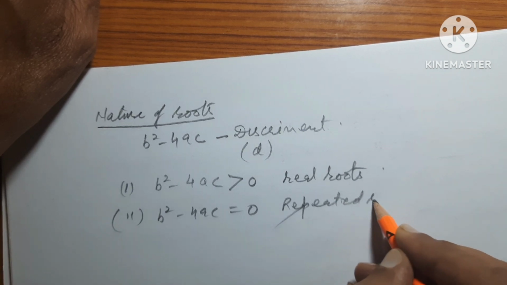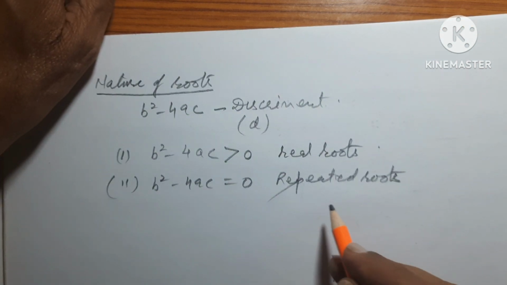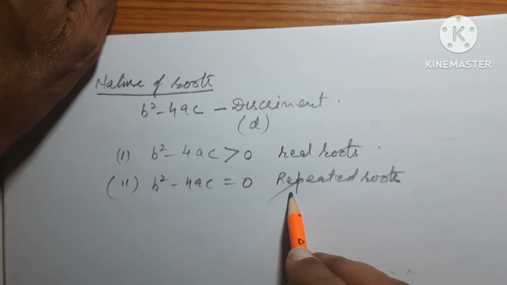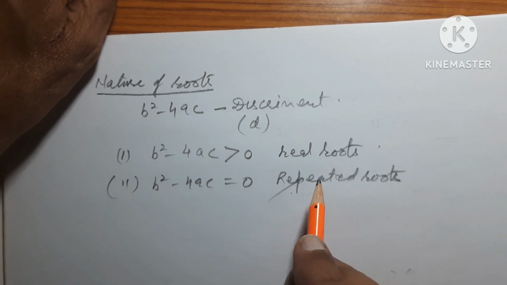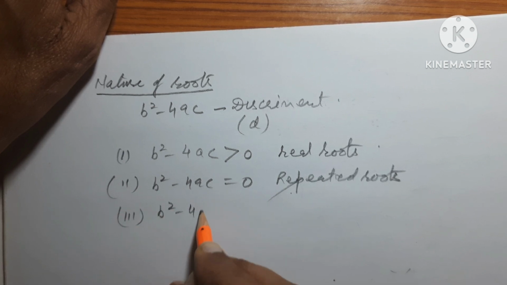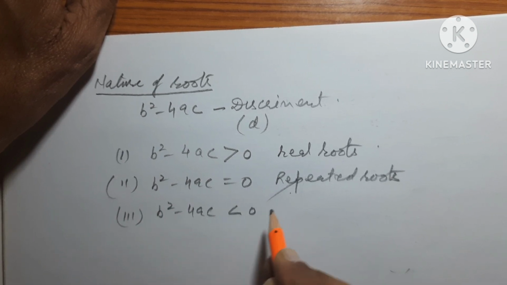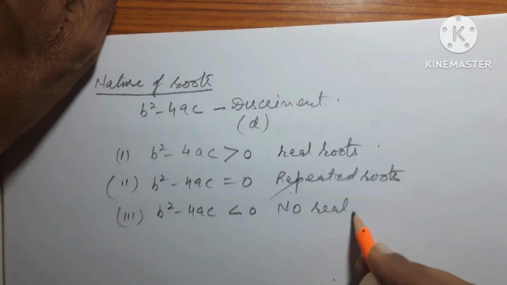Repeated roots means the same value you will write two times. There will be one value, but it will occur two times. Third possibility is, if b square minus 4ac is less than 0, that means it has no real roots.